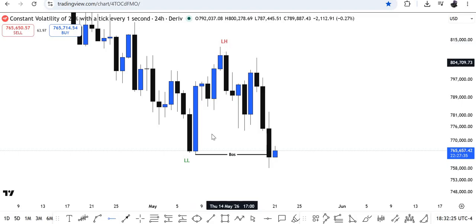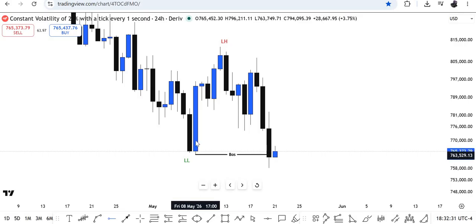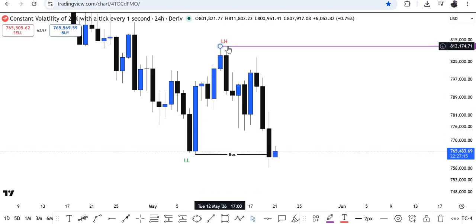Once you establish the break of structure here, where is the highest point between the level that was broken and the level that broke the point right here? So the highest point is here.